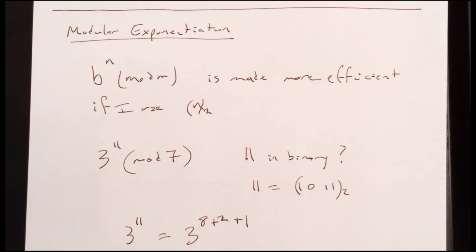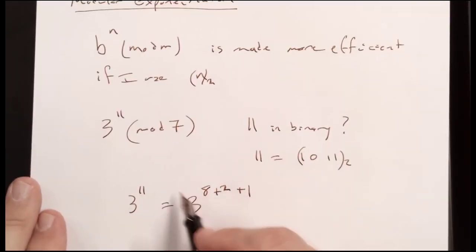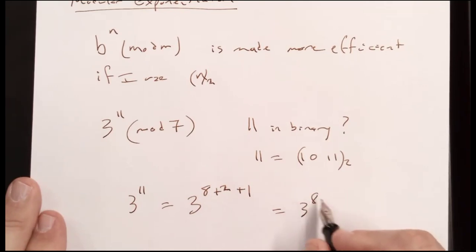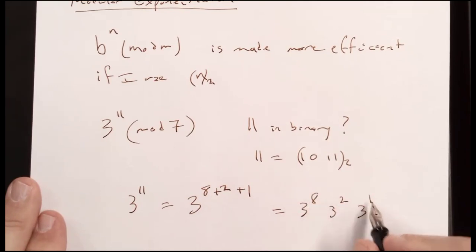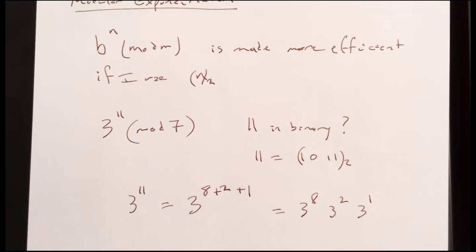Because that's what that binary expansion says, that 3 to the 11th is really 3 to the 8th plus 2 plus 1. Well, adding in a power is the same as repeatedly multiplying. So really, I only need to square again, and square a third time, and I'm all the way up to 3 to the 8th.